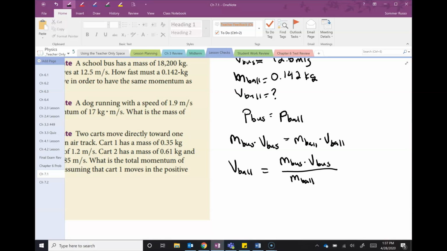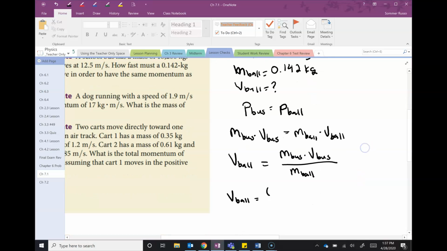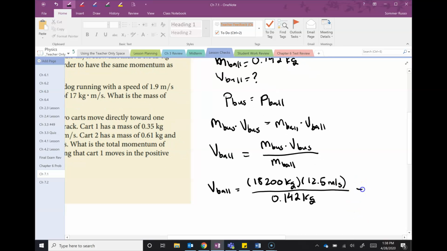We can go ahead and do our plug and chug thing. 18,200 kilograms, 12.5 meters per second, and we're dividing this by 0.142 kilograms. Hopefully you notice that our kilograms over kilograms are going to cancel so that we are left with a unit of meters per second. That's just another way to help make sure that you are doing this correctly.